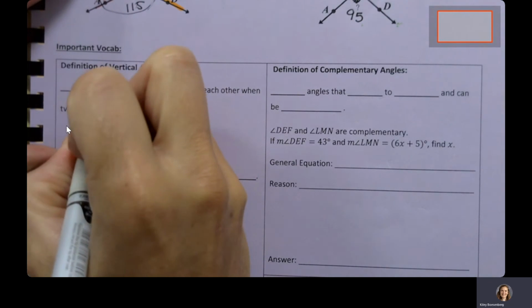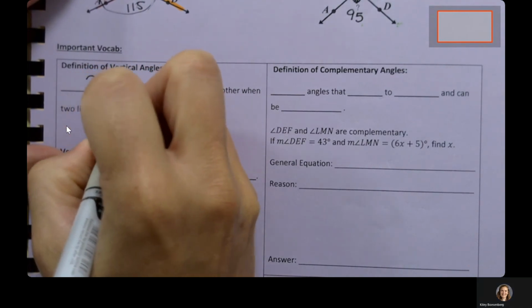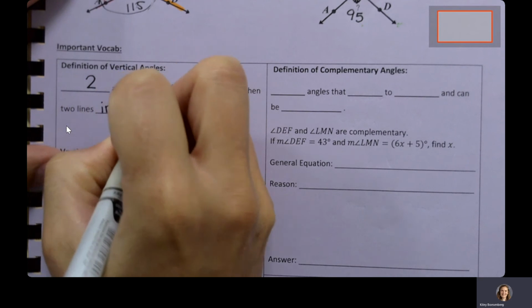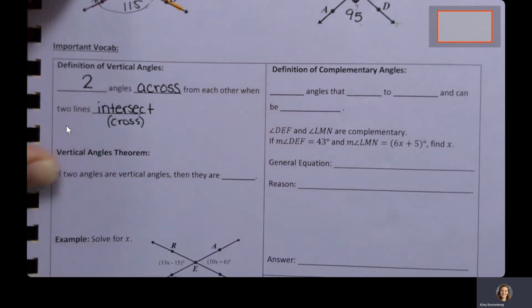So we say when 2 lines intersect. That's the academic word for when 2 lines cross.